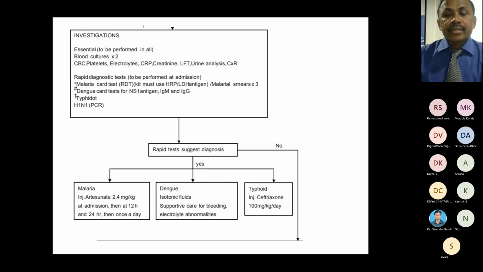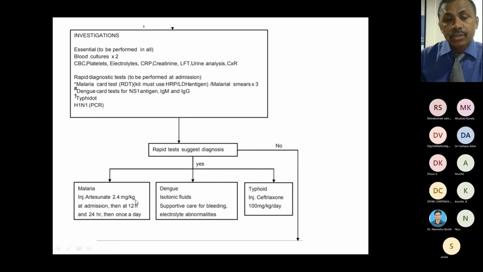And so based on the rapid tests, we may have suggestions that it is malaria, dengue, typhoid, or no useful information at all. For malaria, you go for artesunate at 2.4 milligram per kg at admission, then at 12 hours and 24 hours, and then once a day.